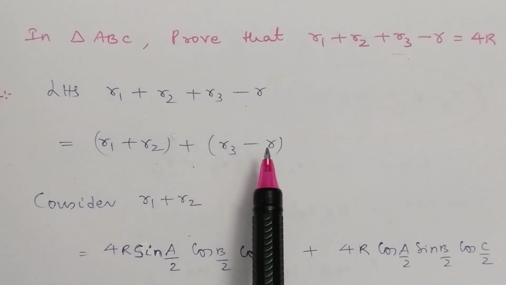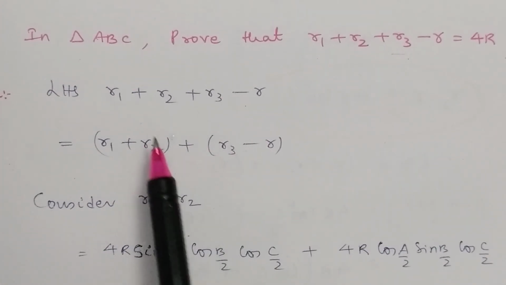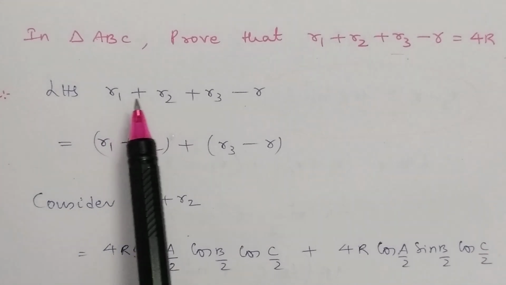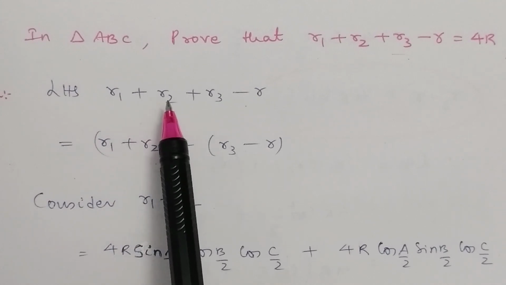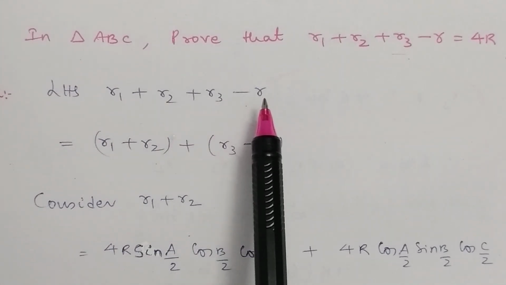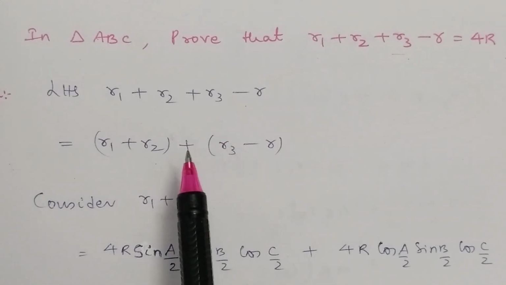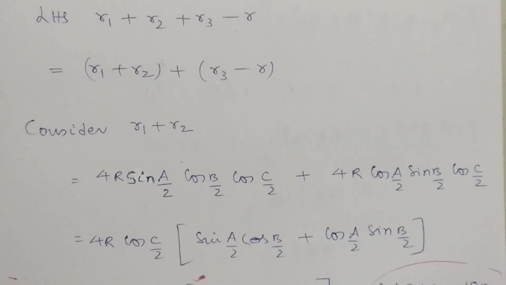Later I shall add these two. First of all I do R1 plus R2. In the second part I do R3 minus R. Later these two will be added. So consider R1 plus R2.